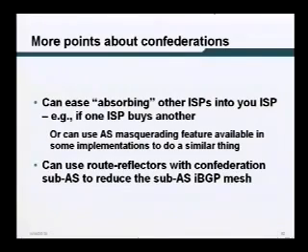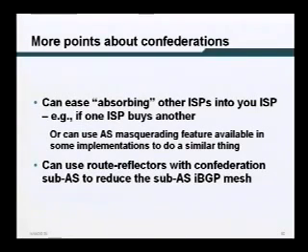More points about confederations. They can be used to ease absorbing other ISPs into your ISP. So if you're on the acquisition trail or buying up assets of ISPs that have passed away, confederations are quite useful because you just make their AS a sub-AS of your confederation.